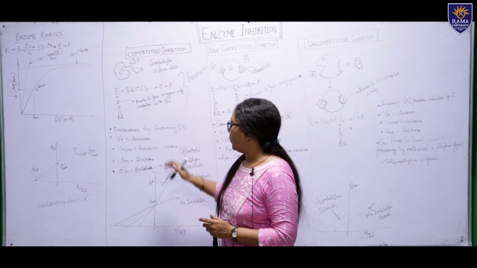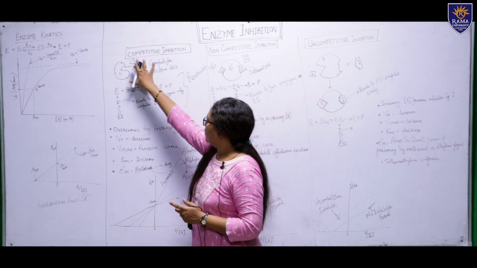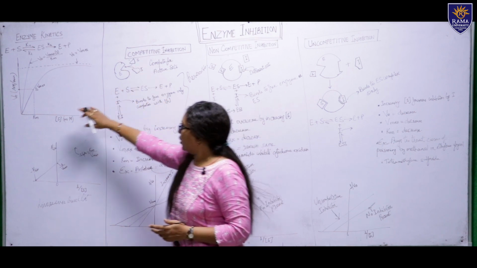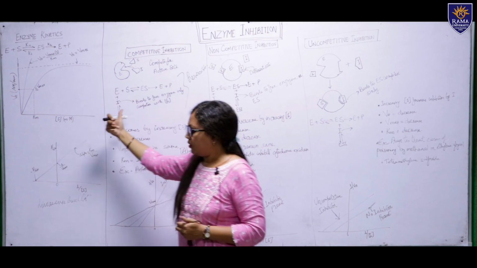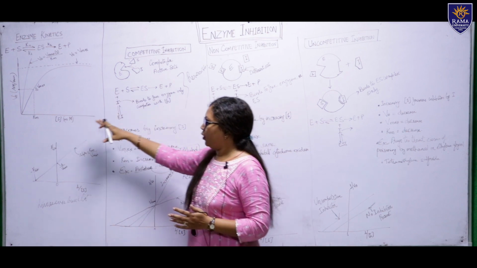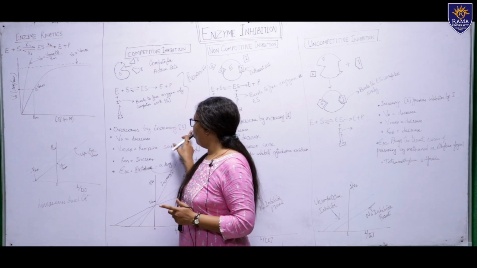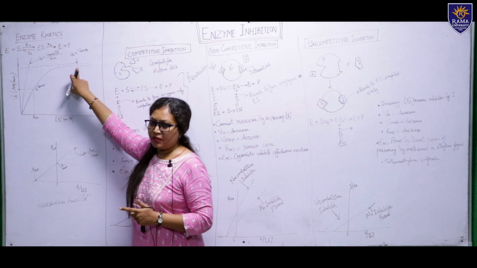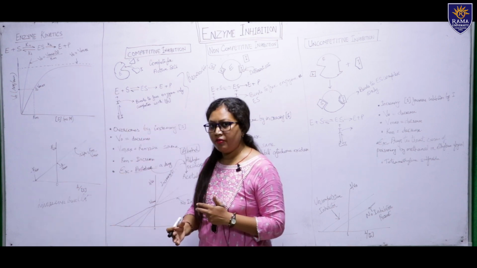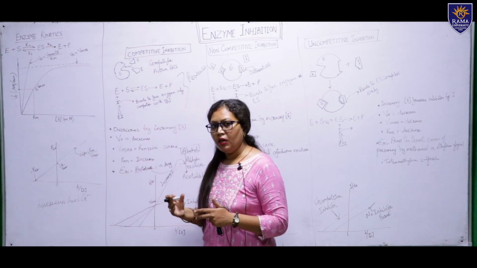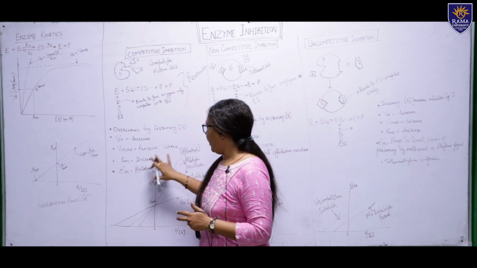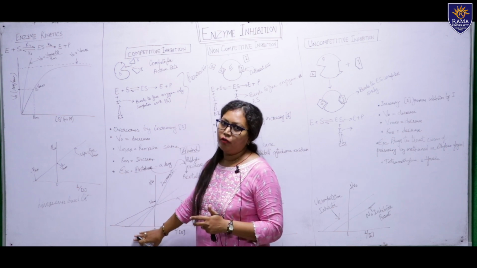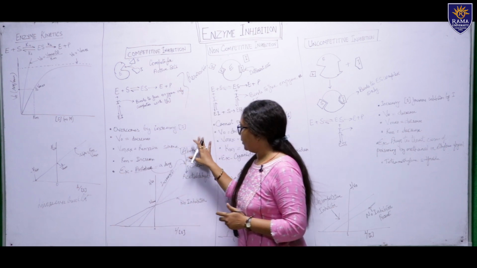How does it decrease? Because initially there is a competition between the substrate and inhibitor. Therefore, the initial reaction velocity decreases, but because it can be overcome by increasing the substrate concentration, there will be no effect on the Vmax. So, Vmax can still be achieved after the competitive inhibition has occurred. And the Km value will be increased in the case of competitive inhibition.